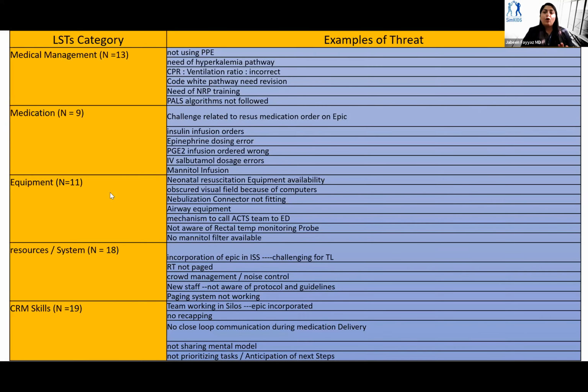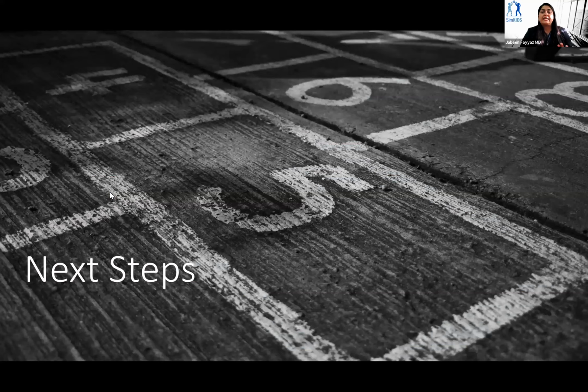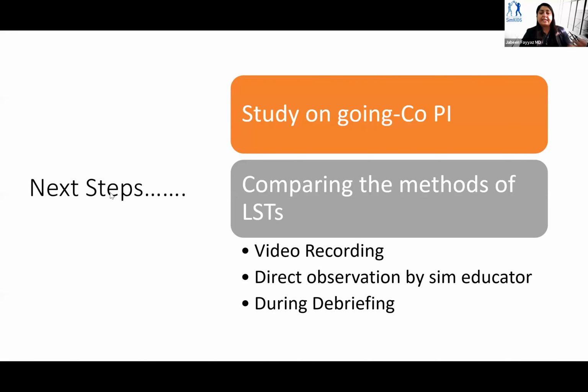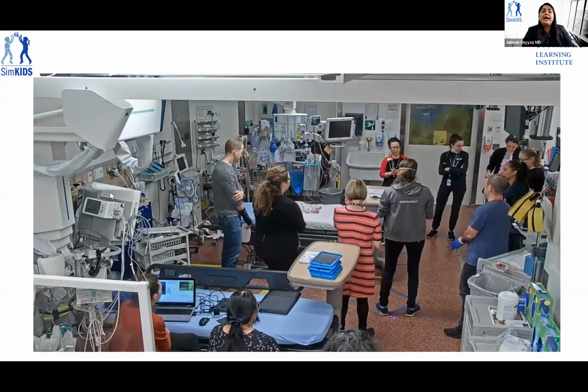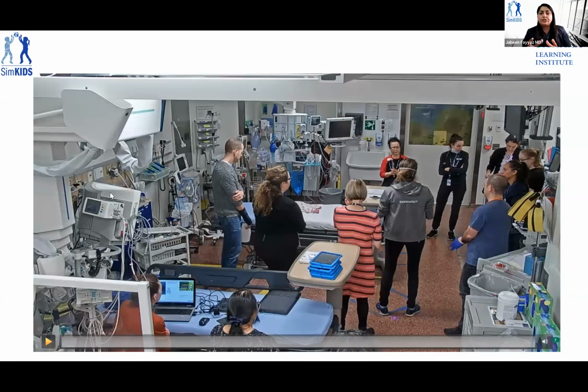And what we did with all of them: this is a study which is right now going on, where I am co-PI, where all the simulations are being video recorded, and now we are doing observation of how many latent safety threats are present in our environment, pertaining to medical management, non-technical skills, and medication errors.